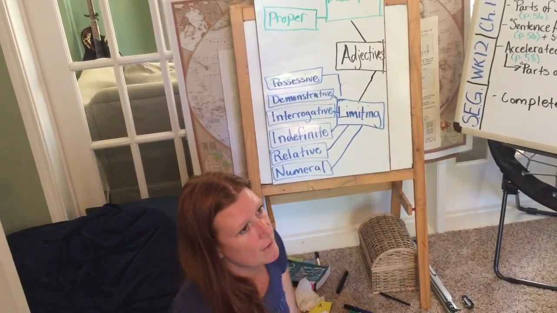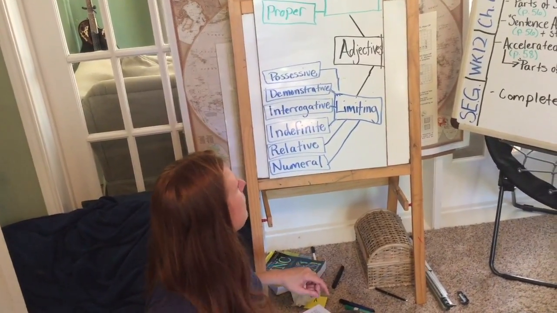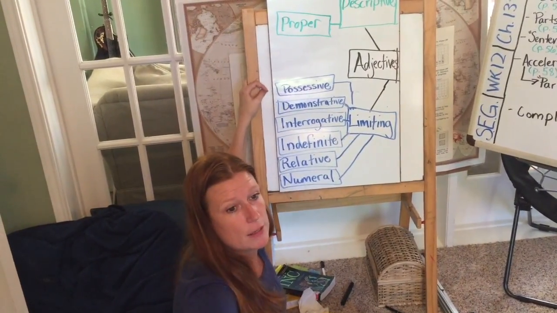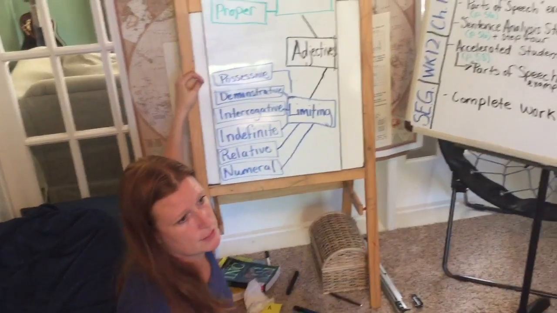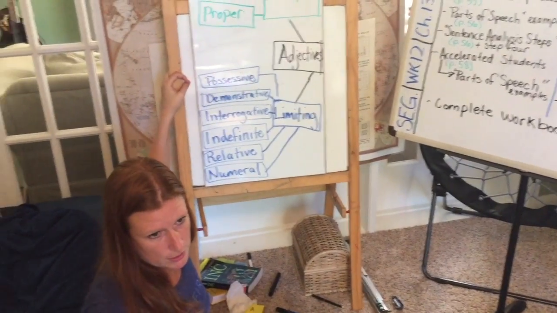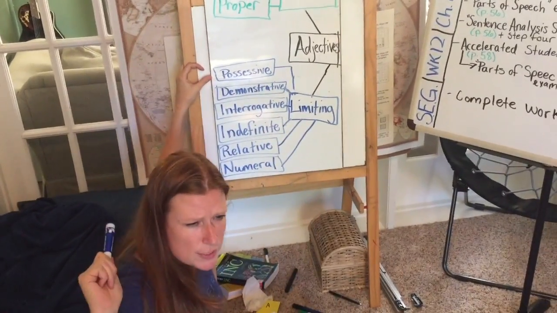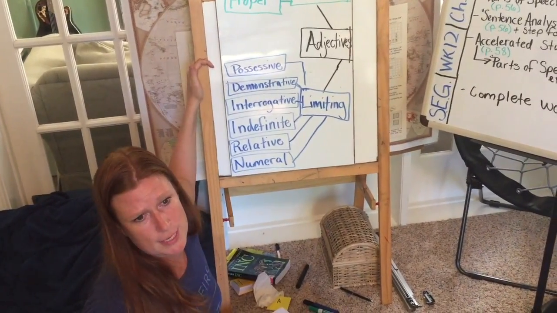But if I were to say, Jack, give me Allison's spelling book, I've used a possessive adjective to tell you exactly which spelling book I wanted you to get.